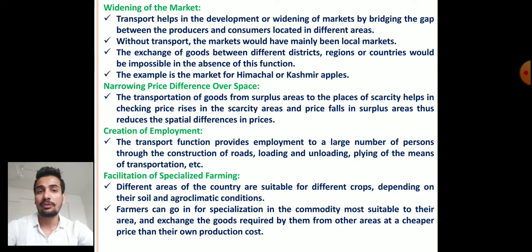So without transportation function, market would have mainly been local market. Means without transportation, the widening of the market is not possible. The exchange of goods between different districts, different regions or countries would be impossible in the absence of the transportation function.